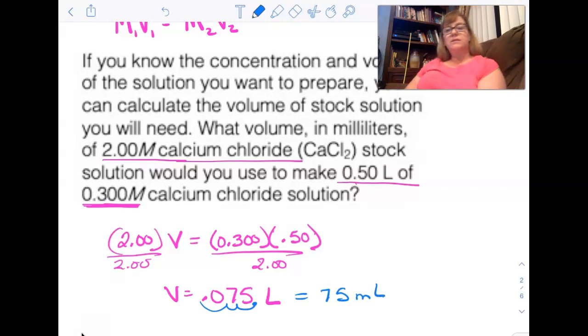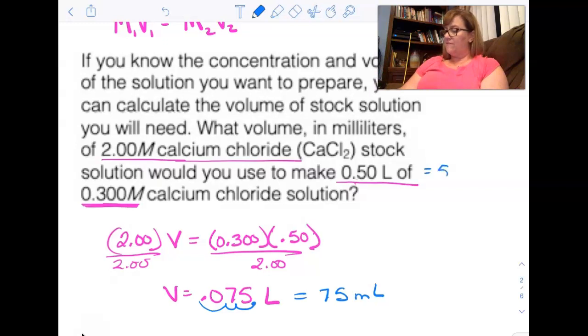So what I as a scientist would do is I would go in, I would take 75 milliliters of my 2 molar solution, put that in my beaker, my Erlenmeyer flask, whatever, and then I would add enough distilled water to bring my total amount of my solution up to 0.5 liters, which is the equivalent of 500 milliliters, right? So I would add probably close to 425 milliliters of water to the 75 milliliters that I had taken.